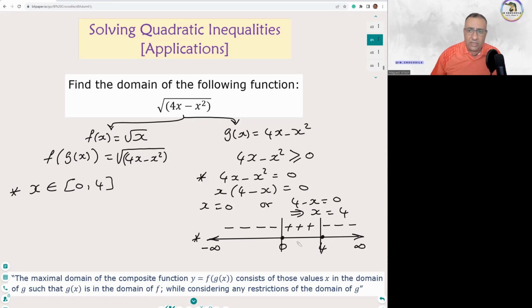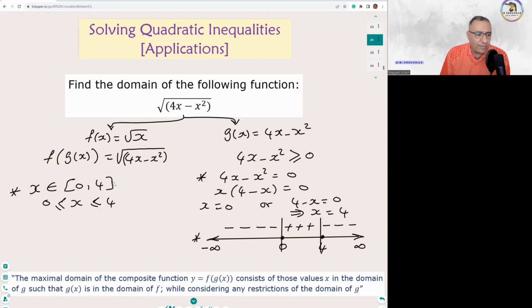Now you see here I put the interval as a closed interval. Another way to express that, you can say x bigger than or equal to 0, less than or equal to 4. That's fine, whatever works for you. So both of them are correct.